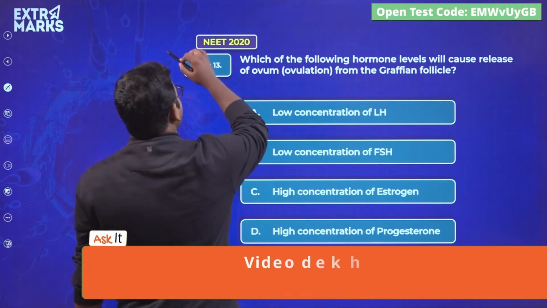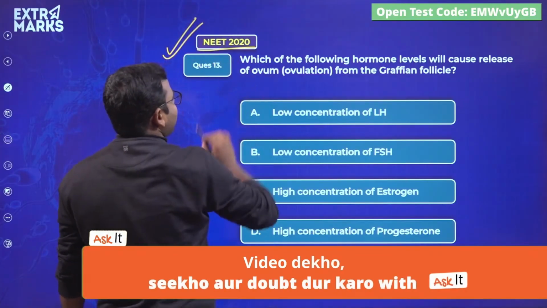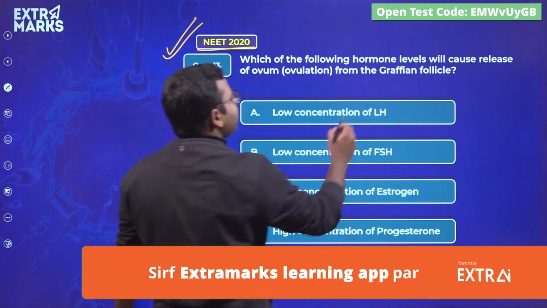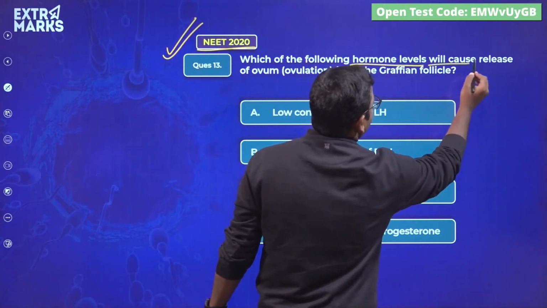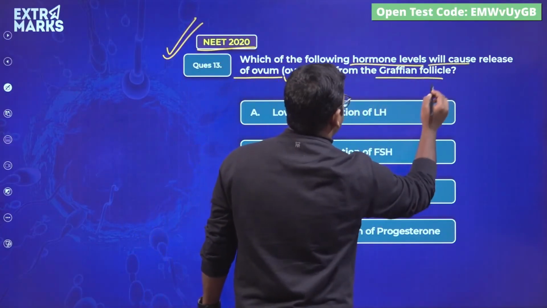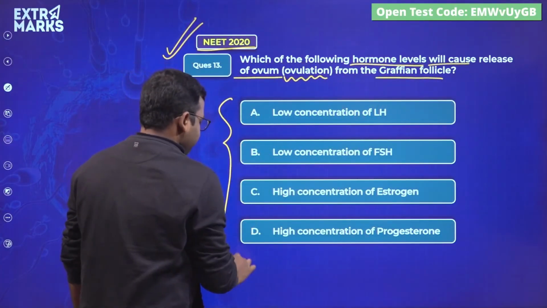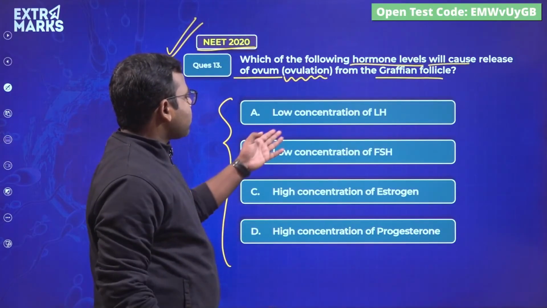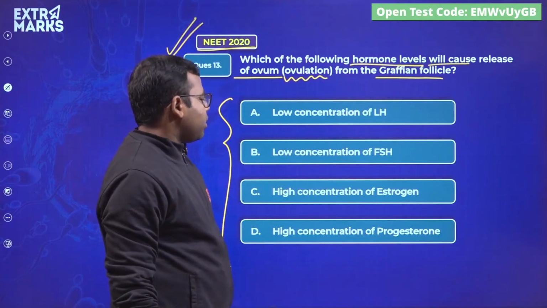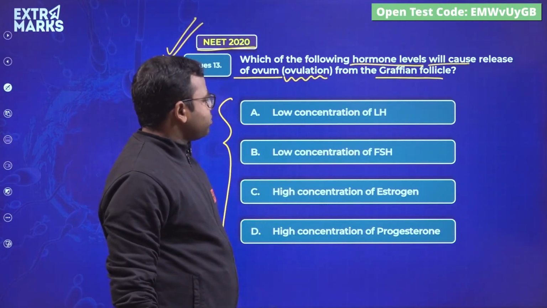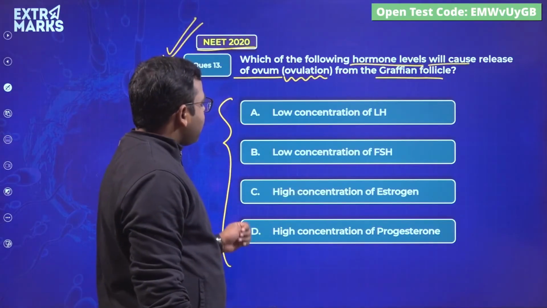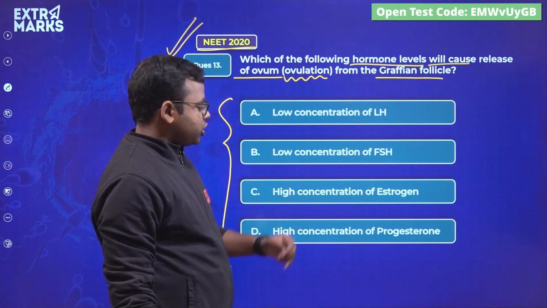Now this question, champions, was asked in NEET 2020. The question is, which of the following hormone levels will cause release of ovum, ovulation, from the Graafian follicle? Options you can see here. A, low concentration of luteinizing hormone, low concentration of follicular stimulating hormone, high concentration of estrogen, and high concentration of progesterone.